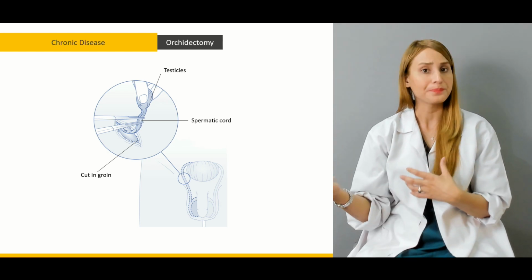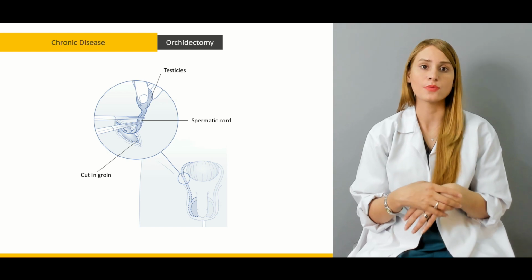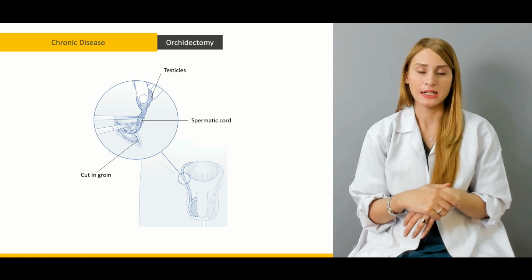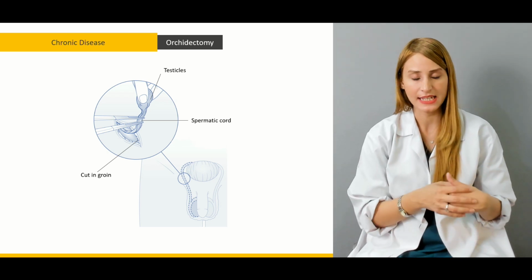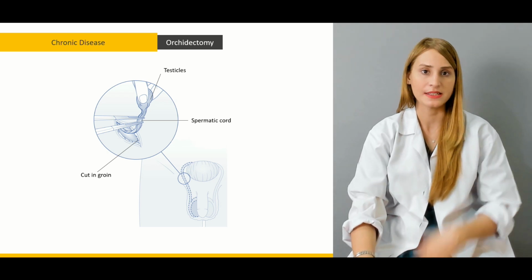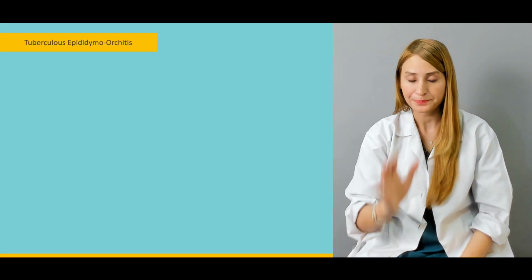And sometimes you need to give the incision in the scrotal skin as well, separating the testicles from the dartos and mobilizing the testicles, and then removing that. This is the orchidectomy, which is very simple and easy.